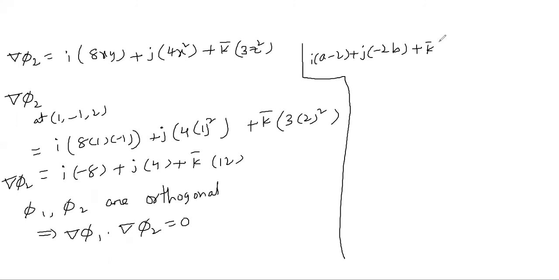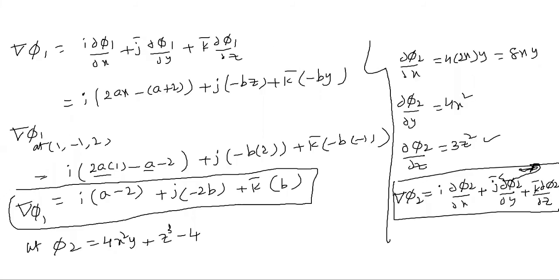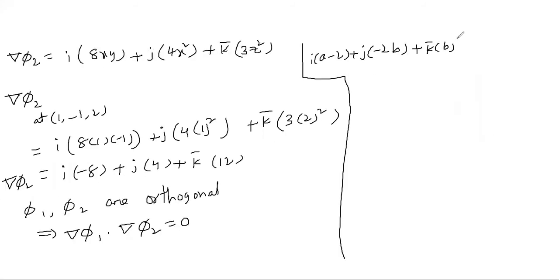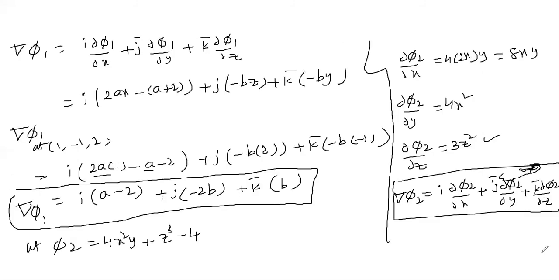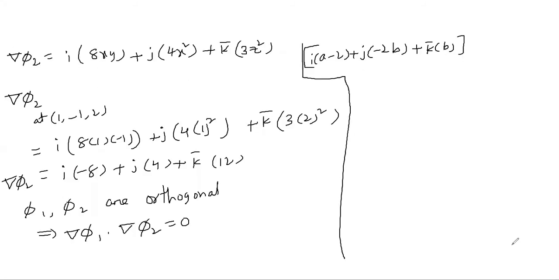Next k into, what is the k value? b. So k into b. Del pi 1 is i into a minus 2, j into minus 2b, k into b. Next del pi 2. Del pi 2 you just got. What is the value? i into minus 8, j into 4 plus k into 12. Okay, now we do its dot product.